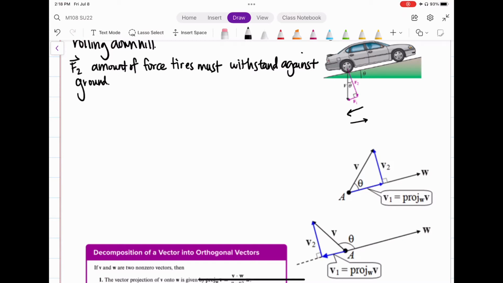On the right-hand side, you'll see these images where you have vector v1 and v2, where vector v1 is the projection of vector v onto vector w, and v2 is orthogonal to vector v1. And remember that vectors v1 and v2 summed together equal the overall vector v.